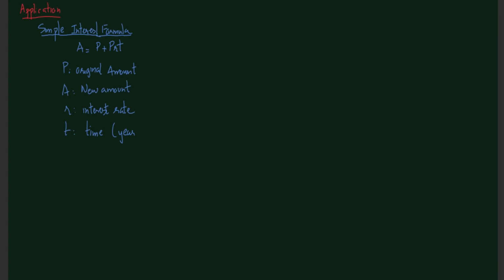Yeah, let's do year. It could be anything, it could be hour, but hour is not really practical, so it should be a year or month only. Okay, years or months. All right.